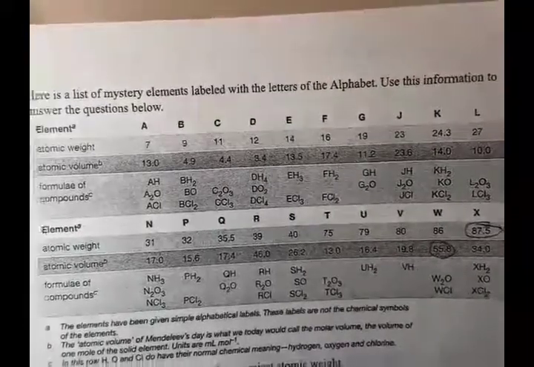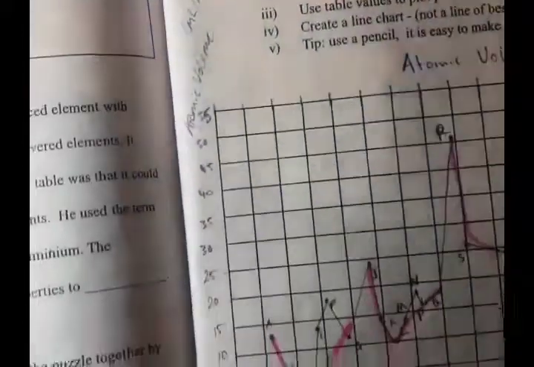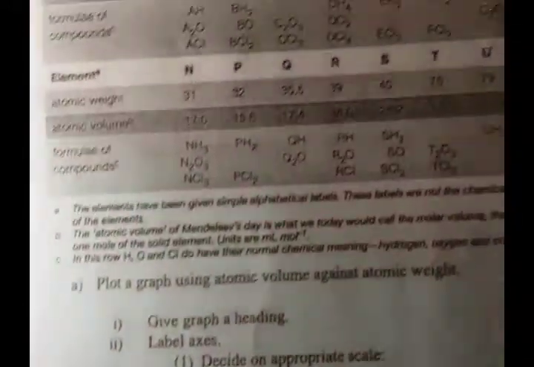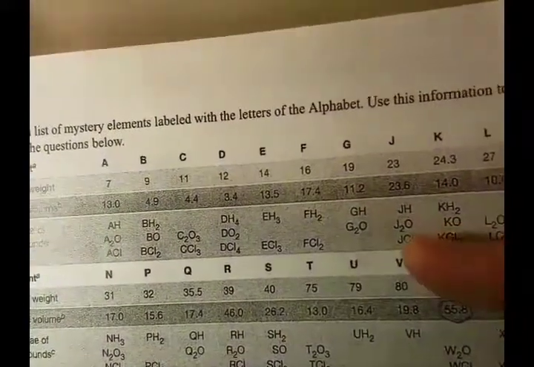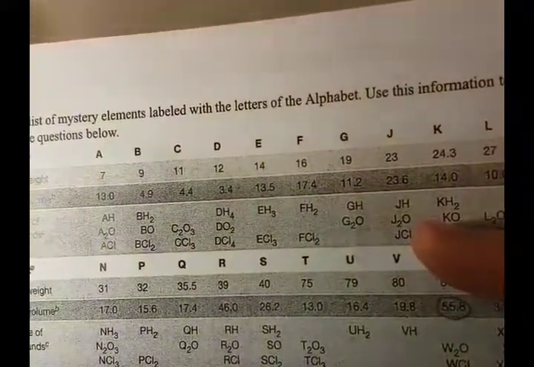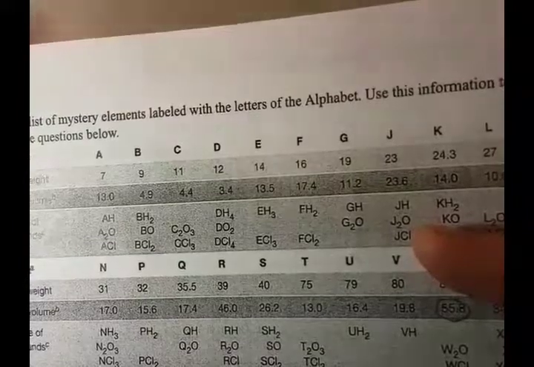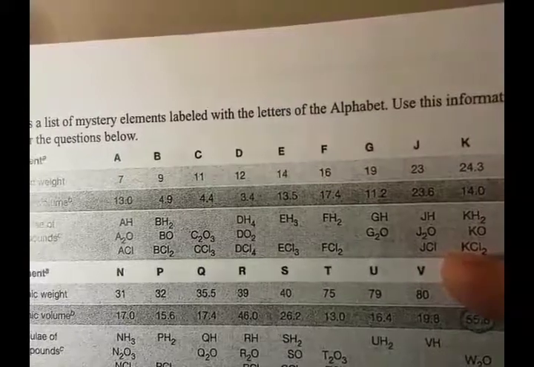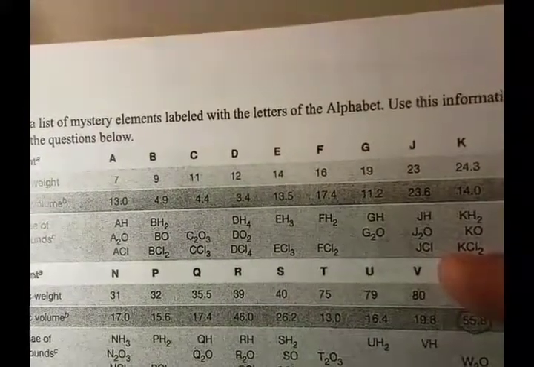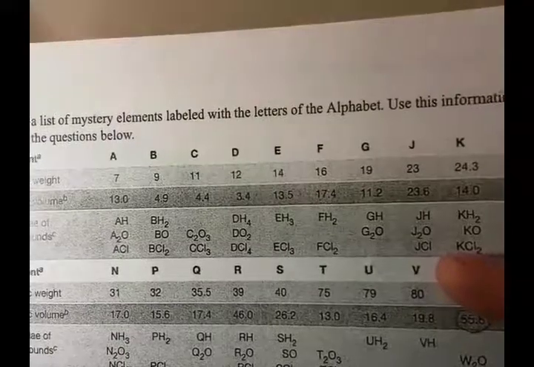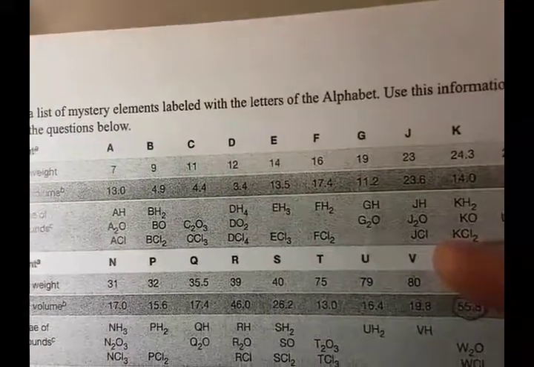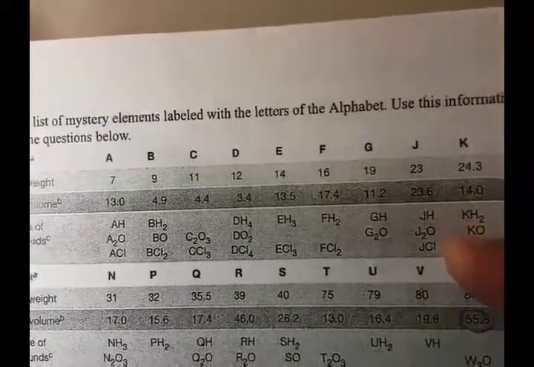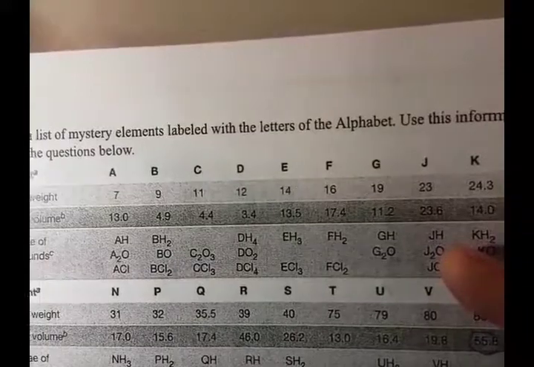And then if you look at the next peak, J here, they looked at the compounds that formed. J also forms a similar compound with oxygen. And also the compound it forms with chlorine reacts in the same proportion, one J atom to one chlorine atom. And again with the hydrides, the hydrogen compounds, J and H.